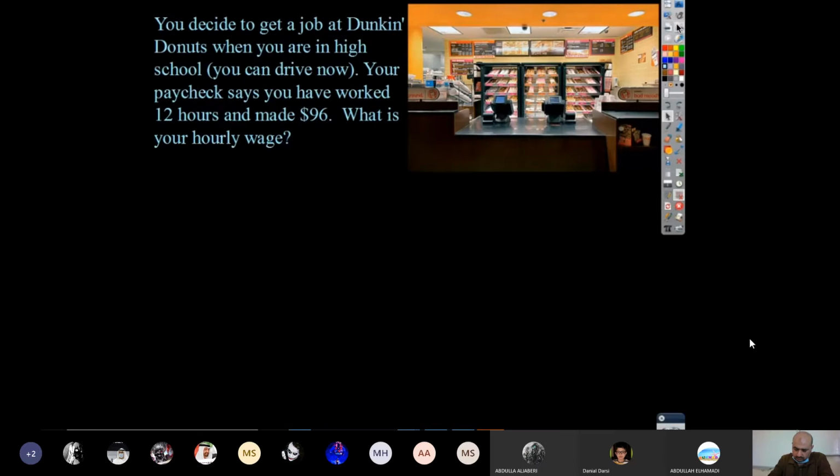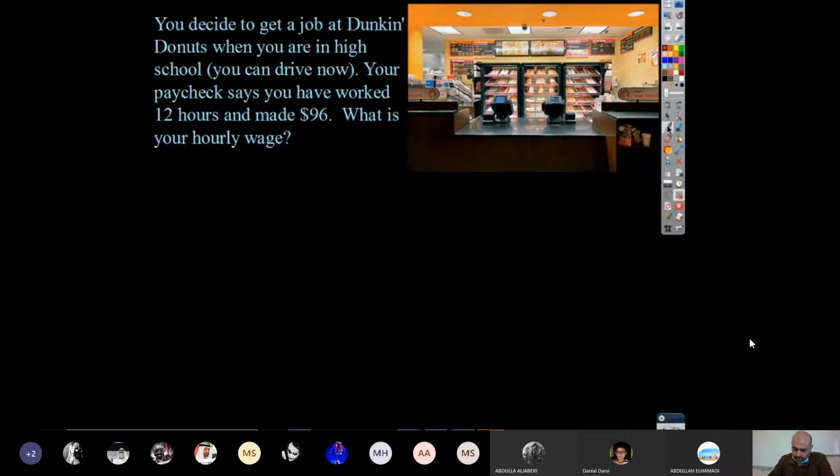Okay, so this one doesn't set up perfectly for us the idea of what we're finding, right? The different units. So you sort of have to look at this, and sometimes you're going to have to determine, do I think that the dollars is the stuff, right? Is that what I'm starting with? And then I'm going to divide it by the number of hours.